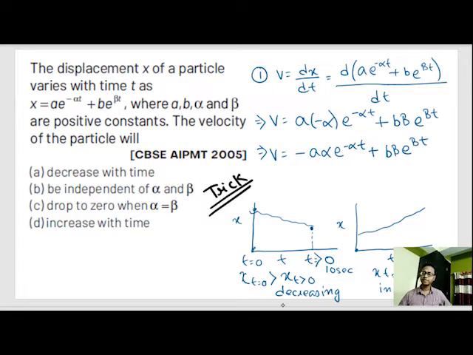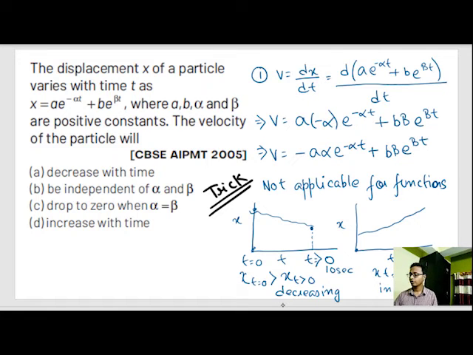Is this trick always applicable? The answer is no. It will be applicable in 99% of your curriculum. Just look out for the types of function. It is not applicable for functions, graphs or equations containing sin x, cos x, tan x, cosec x, or any trigonometric function.